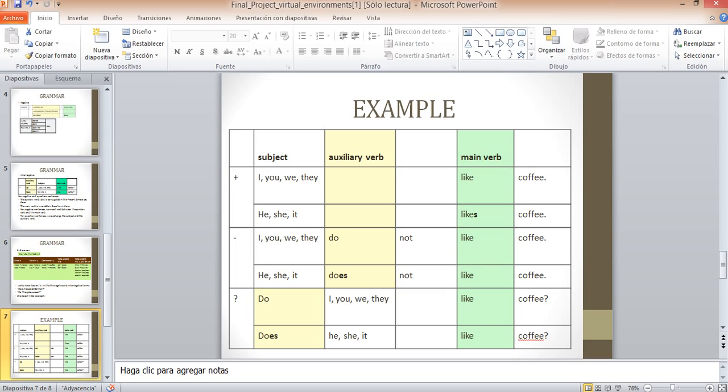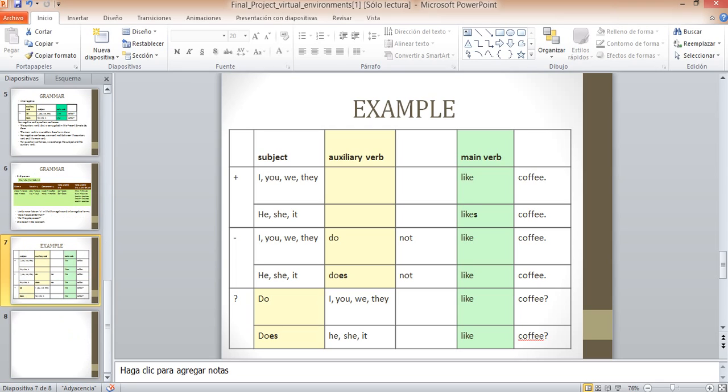For the interrogative statement, the exchange of the subject and the auxiliary verb, the does and the do and the subject, and we see here the does for third person and the rule when we don't add the s for the main verb.